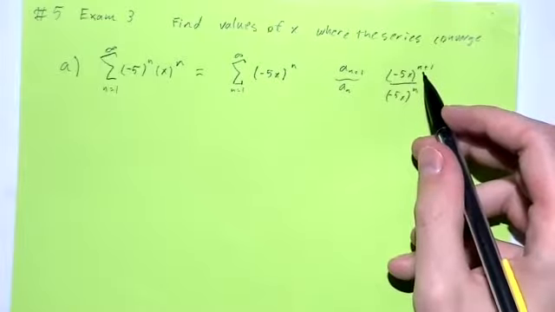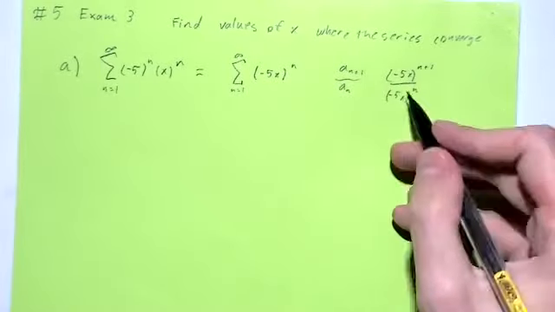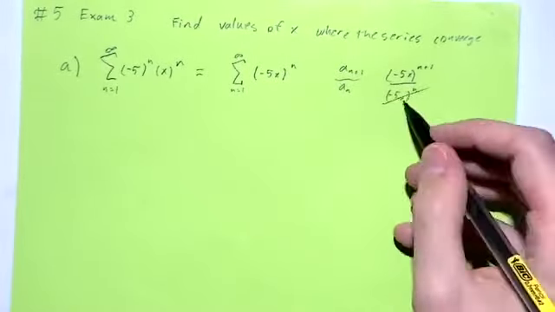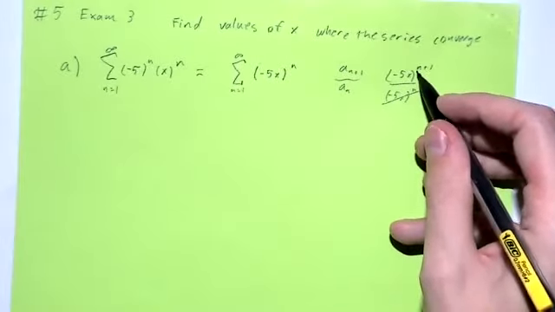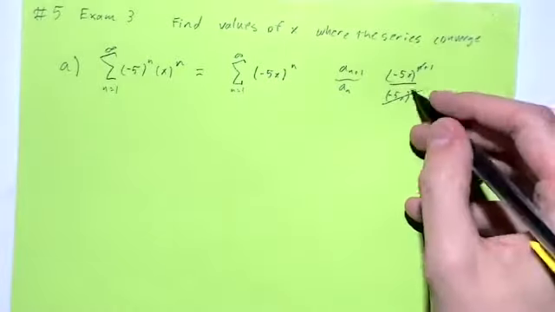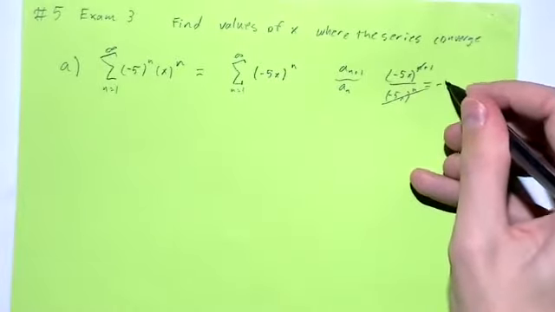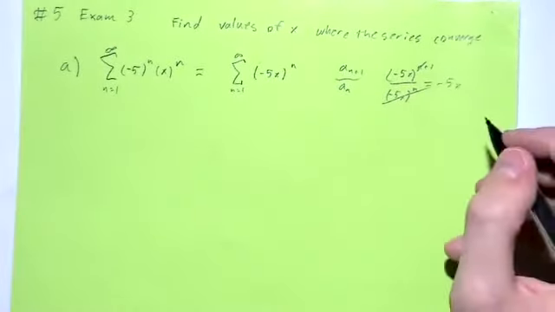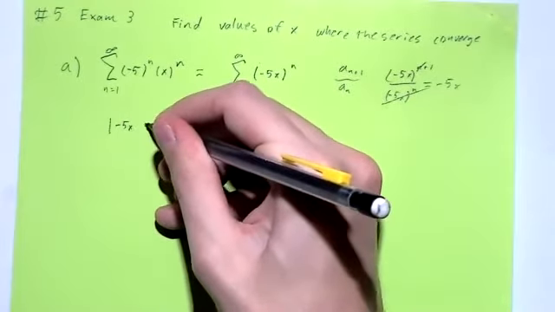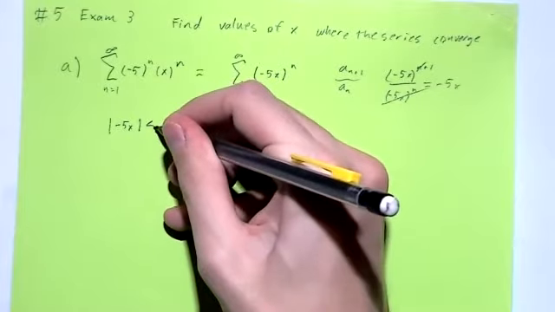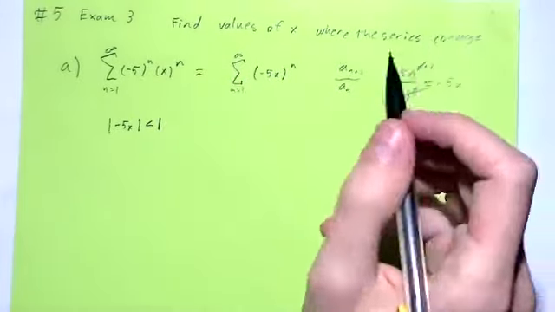So we simplify. We have the n power here, we have the n plus 1 there, so we just get rid of that n. Now we just have -5x. And we need the absolute value of -5x to be less than 1.